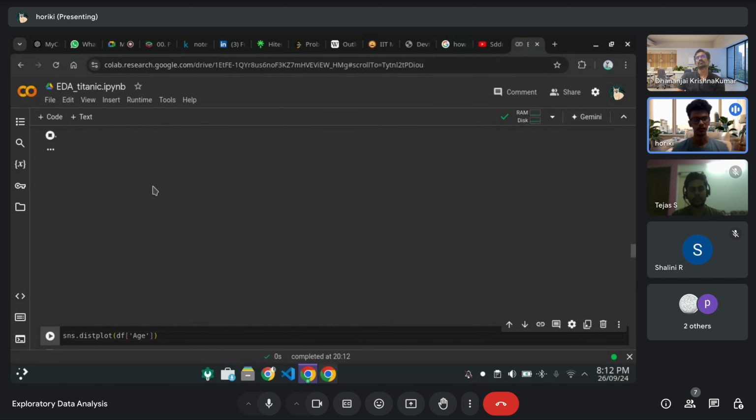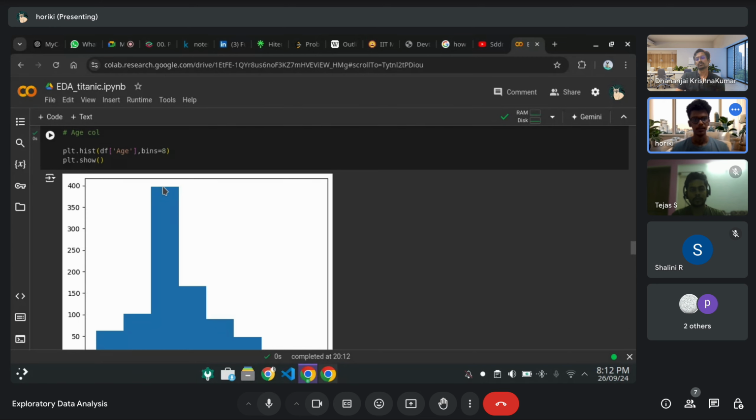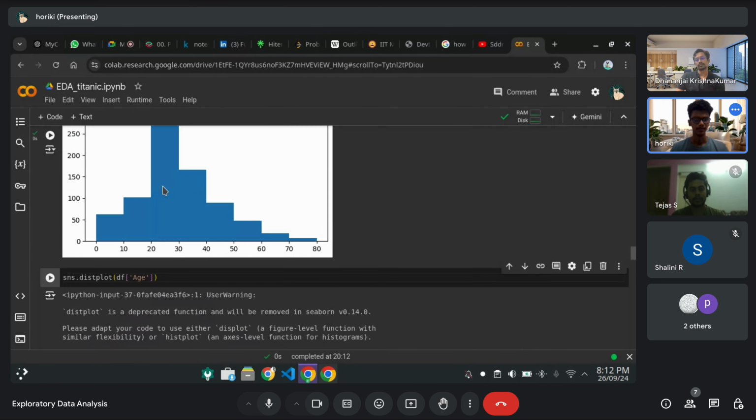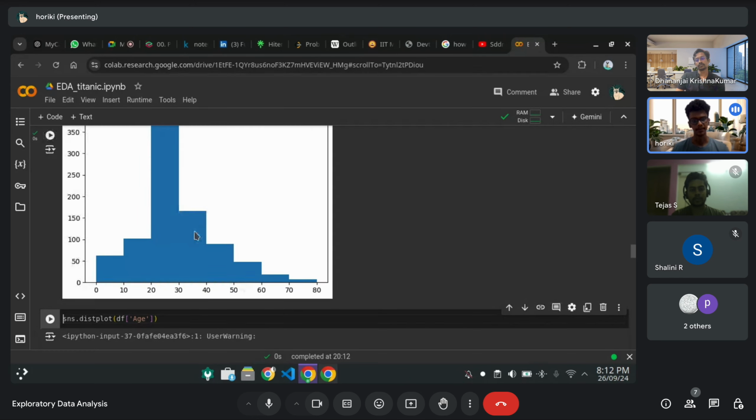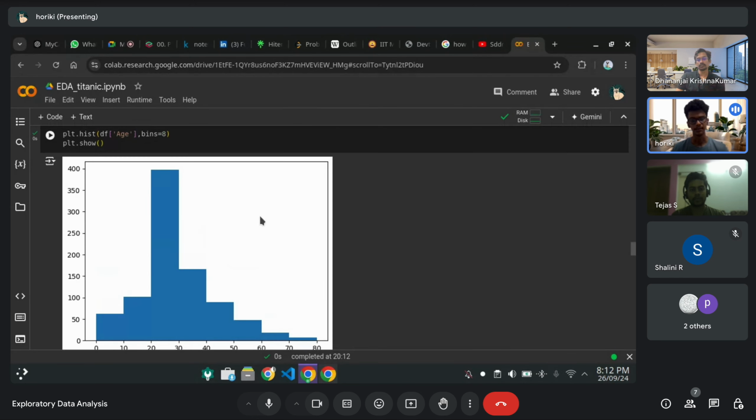And if you plot age in a histogram, you will see that the most people were in their mid 20s to 30s. So working adults were the most people who were on the Titanic.